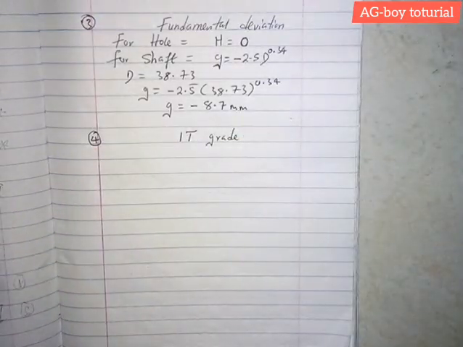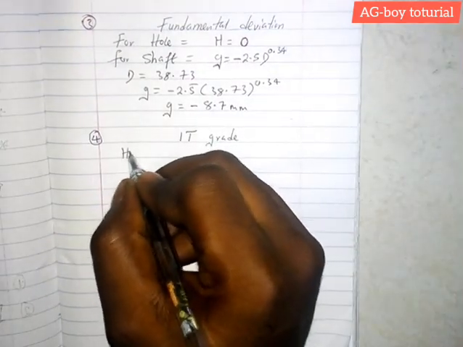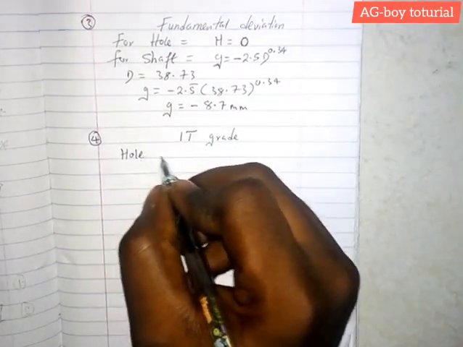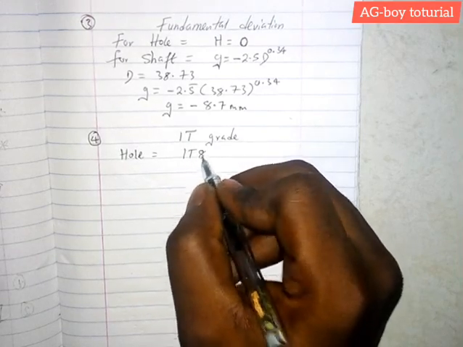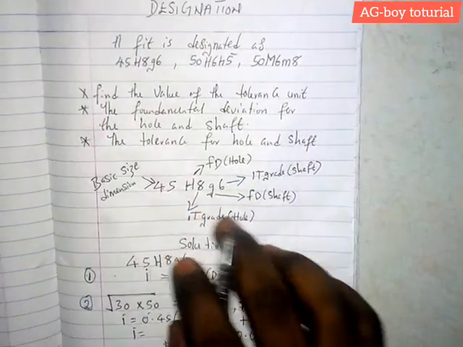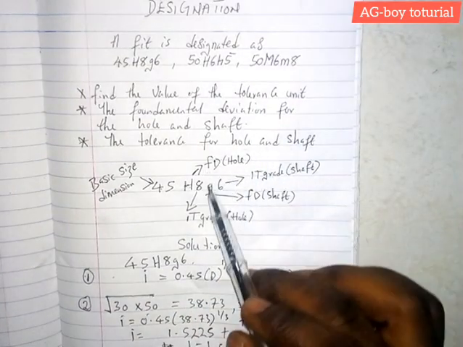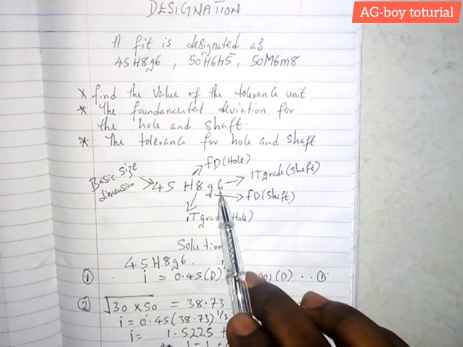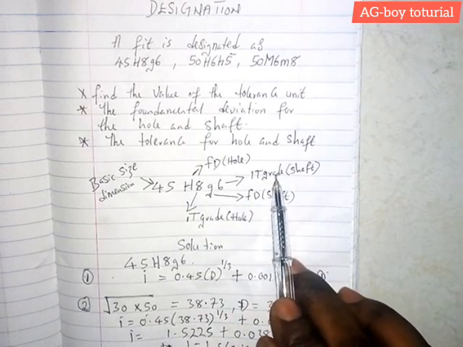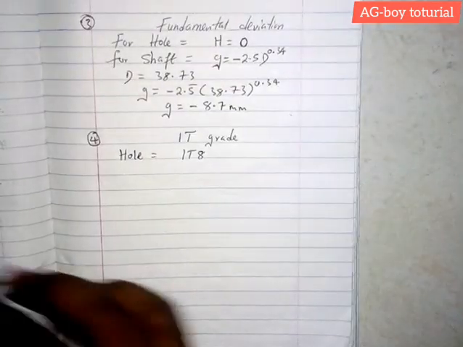So our IT grade for the hole is equal to what? IT grade 8. Remember, our IT grade for the hole is 8, and our IT grade for the shaft is 6.